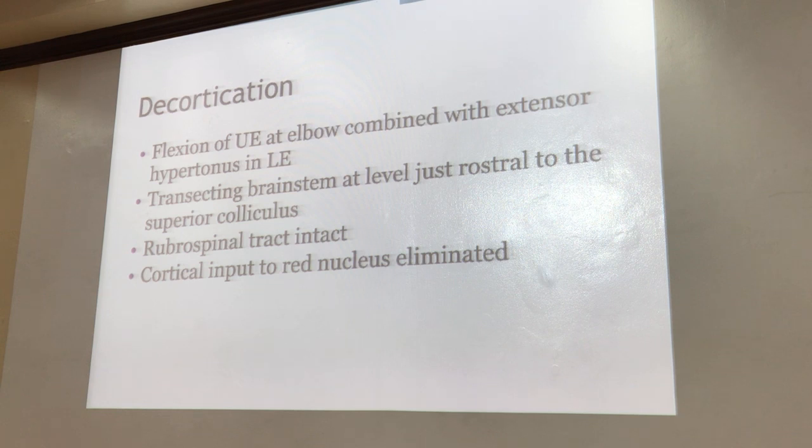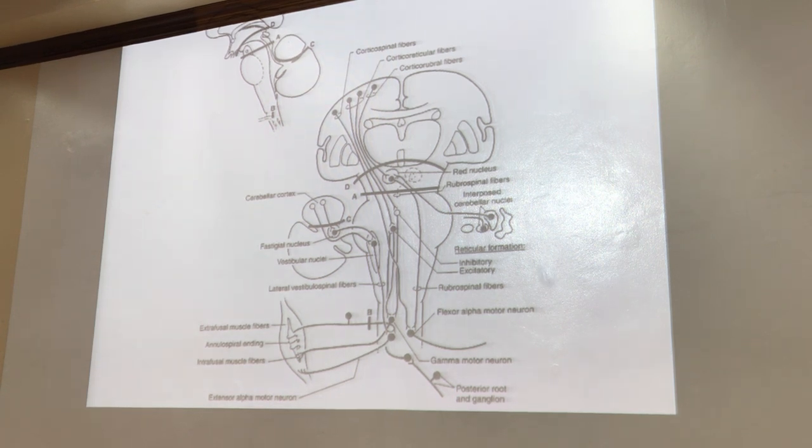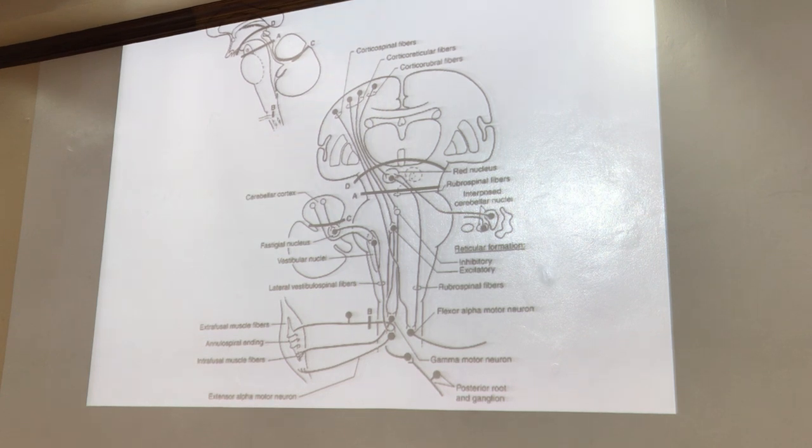At this particular level, in this illustration, this is the red nucleus. The red nucleus, when I stimulate it, will have an effect on the muscles of the upper extremities to flex it, and then extend both lower extremities. Okay? So if I have a patient who's comatose, it means cortical functions are not intact anymore.